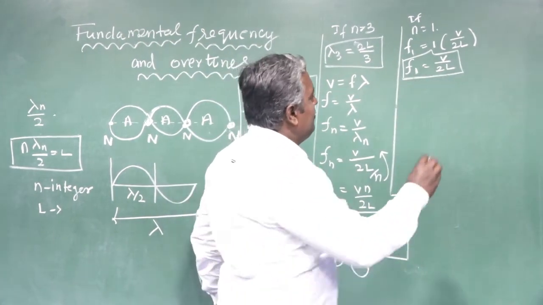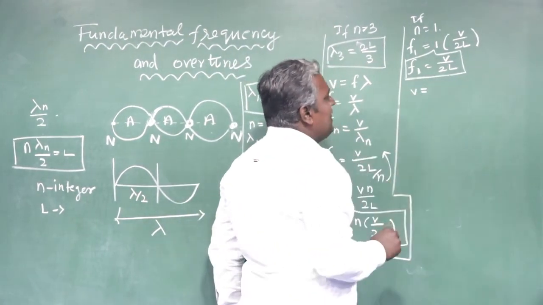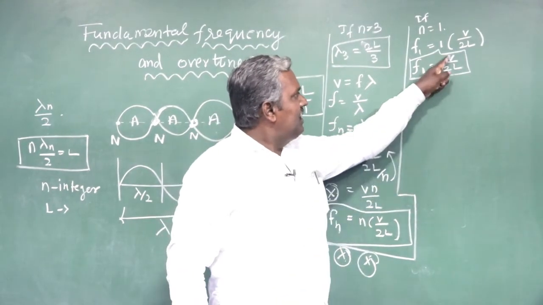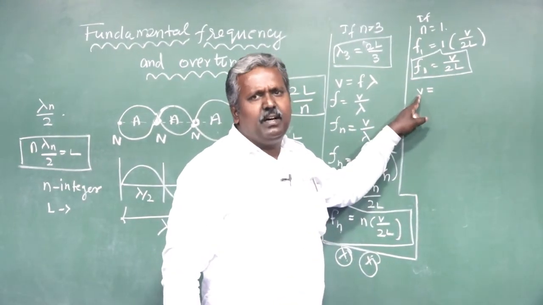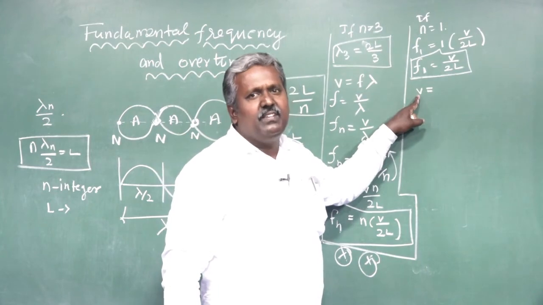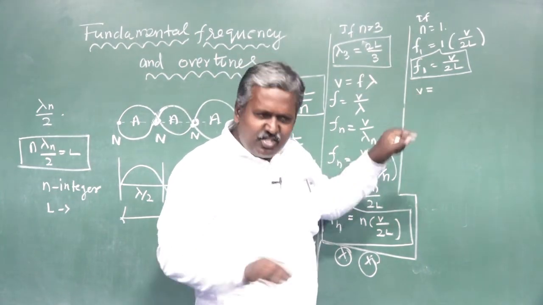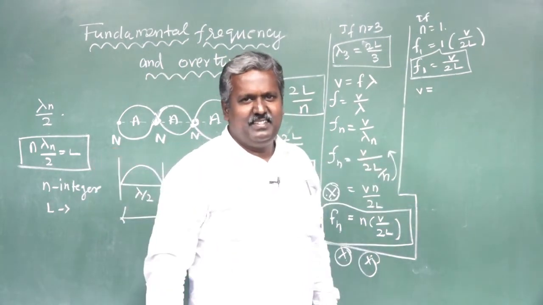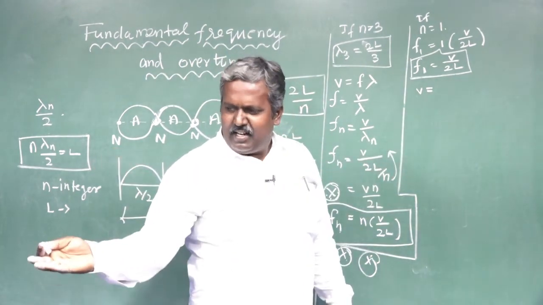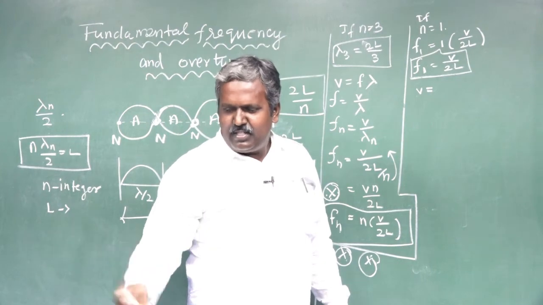Already we have studied about this. Here v means the velocity of the transverse wave in a string, that means in a stretched string, that is important. What is the formula? Already you have studied this, no? Come on, tell me.